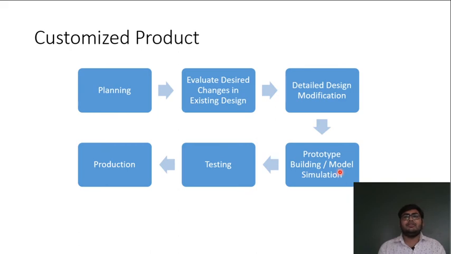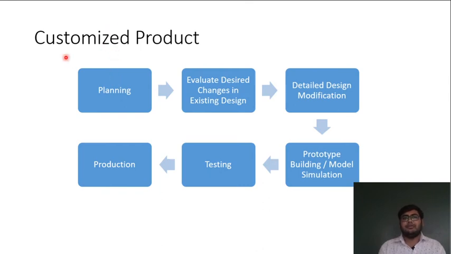Another is customized products. Now this is very important to understand, that customized products will have a different process than the general mass produced products, because for customized products we do not have budget for large scale testing.